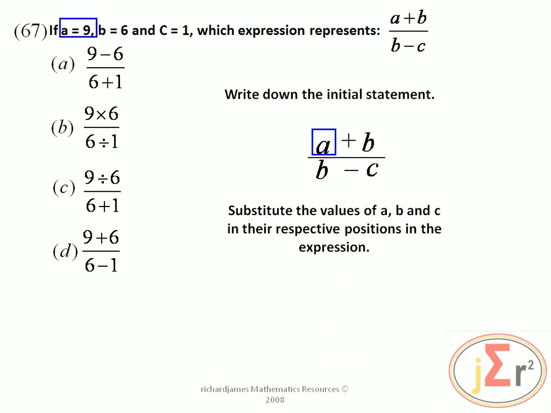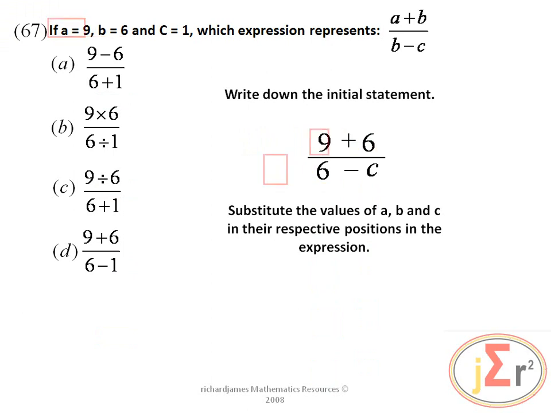So A is equal to 9, so we replace A by 9. Of course, in the formula, we have 2 occurrences of B. B is equal to 6. Therefore, we are going to replace those 2 occurrences with 6.